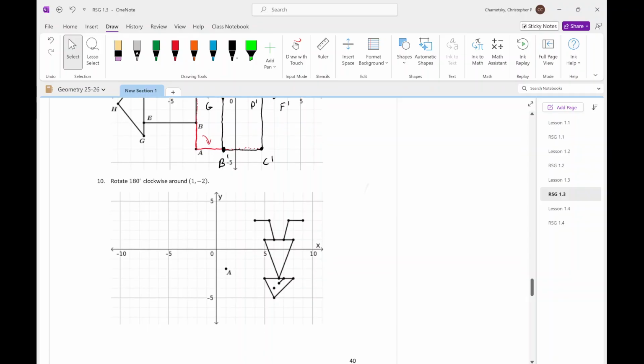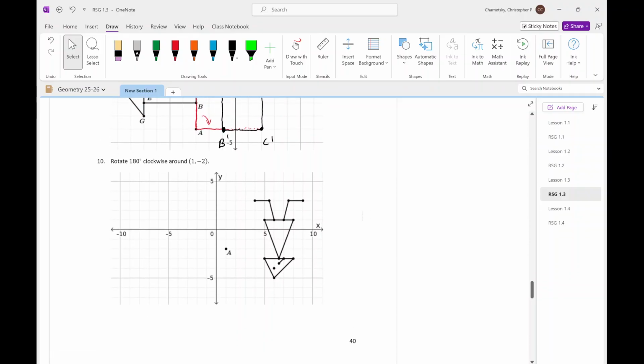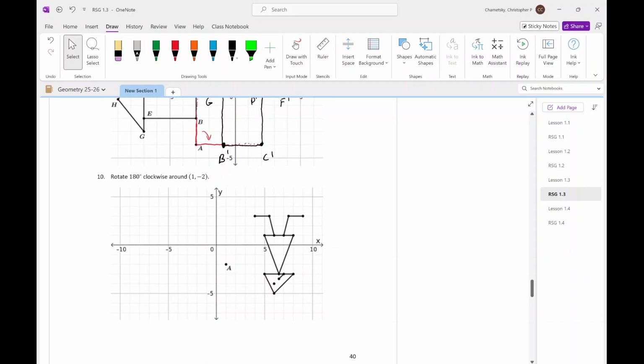For 10, this weird looking stick figure guy, we're going to rotate 180 degrees about the point 1, -2, so that's again point A. I'm going to start with the points that are on, like crossing grid points here. So we'll start with maybe this closest point.